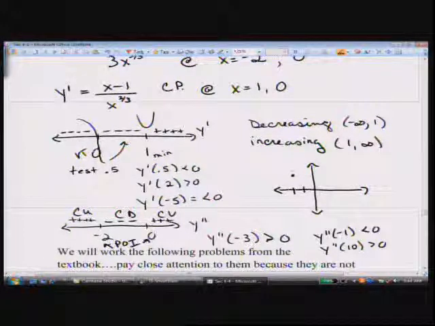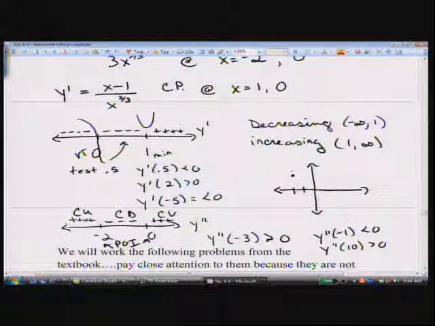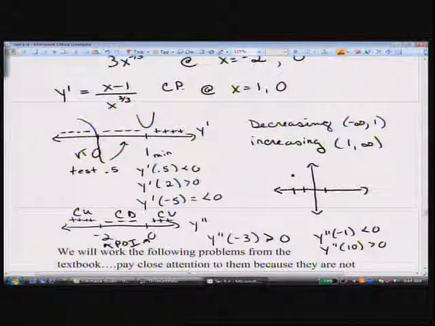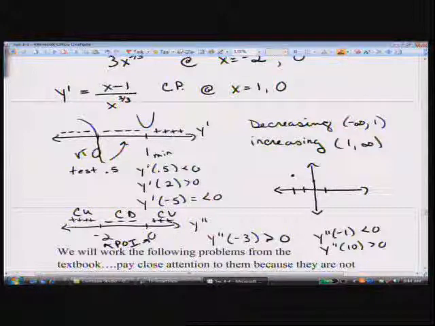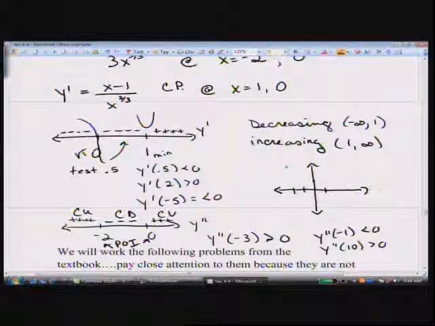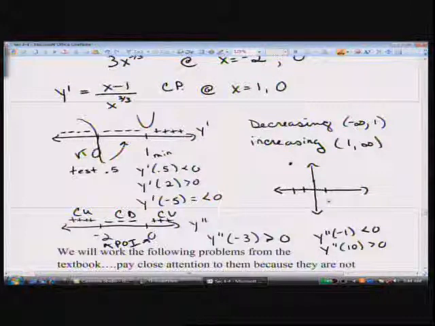And then at 1, I actually have a minimum, and I'm concave down. And at 0, I have a vertical tangent. So somewhere like maybe here at 0, I have a vertical tangent. So maybe I'm going to make this a little bit taller. And what do I have at 1? I have a min.